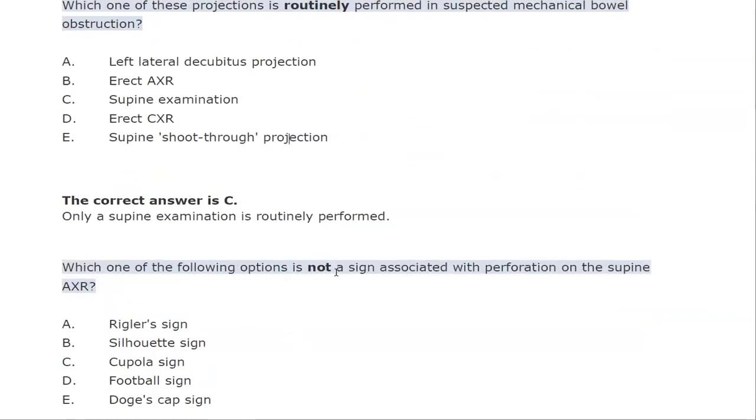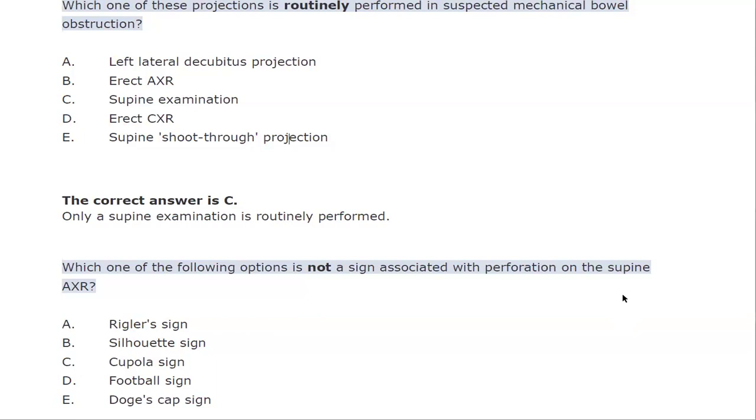Which one of the following options is not a sign associated with perforation on the supine abdominal radiograph? Okay, no answers?